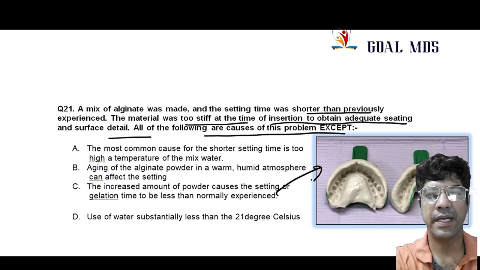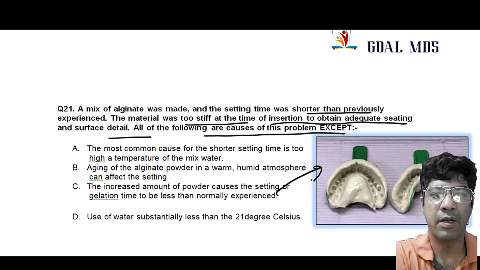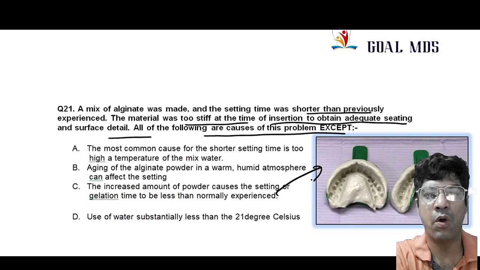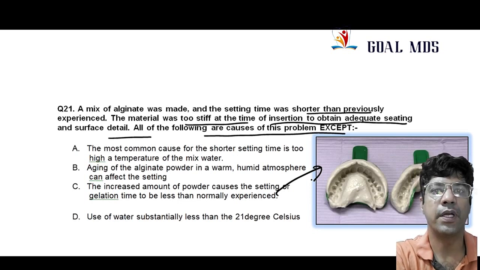So using water that is substantially colder than the recommended temperature for mixing alginate can actually prolong the setting time, not shorten it.